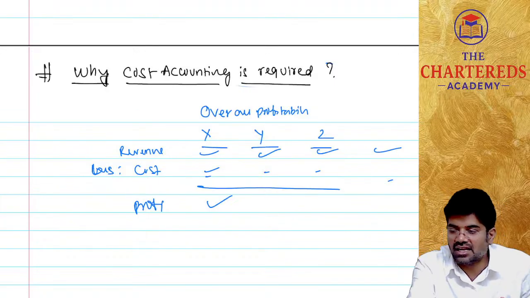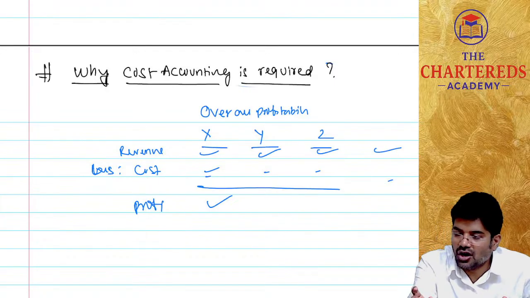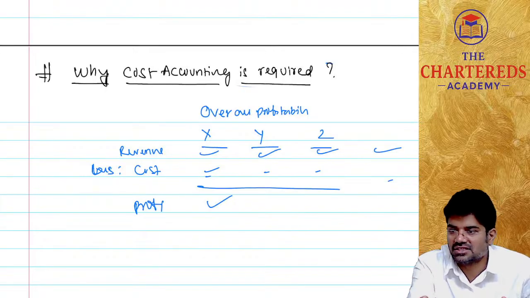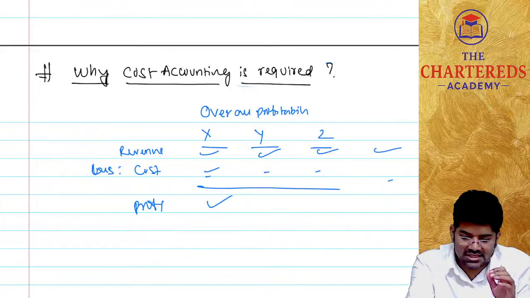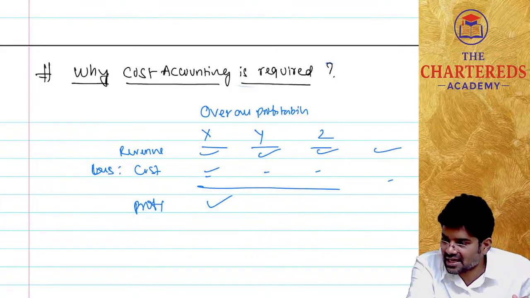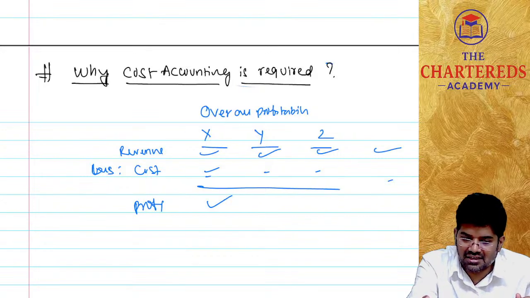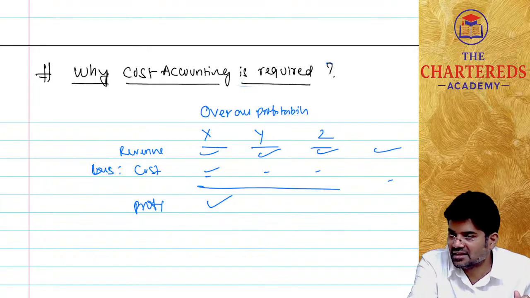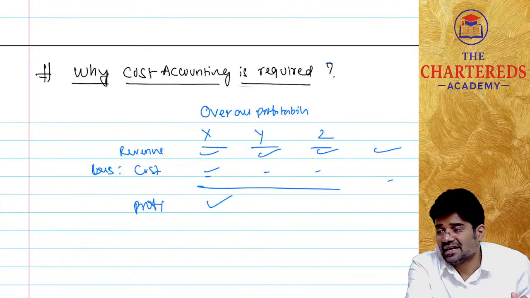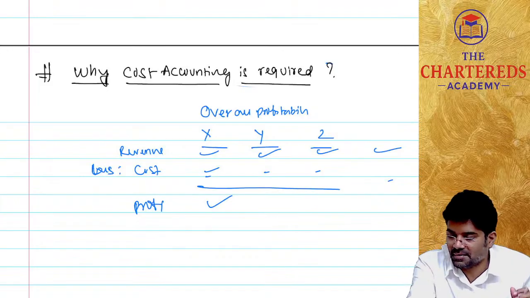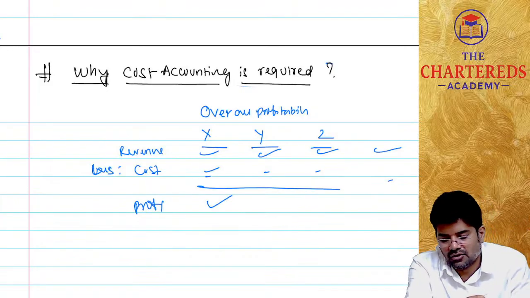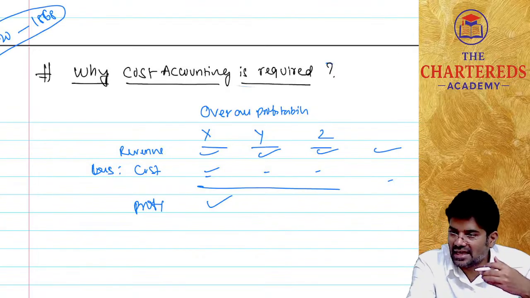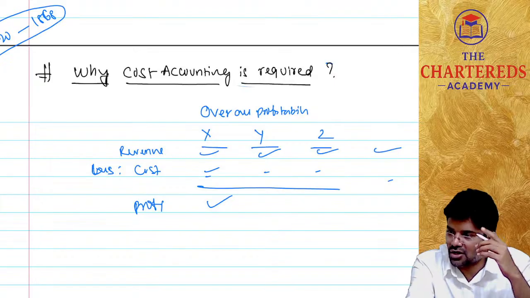So that is the reason financial accounting will not give us product wise cost. Now, if you want to control your cost, naturally you should know product wise cost or not. Yes. So that is the reason during the industrial revolution, 1828 to 1868, that was the time where slowly we had this industrial revolution across the globe.